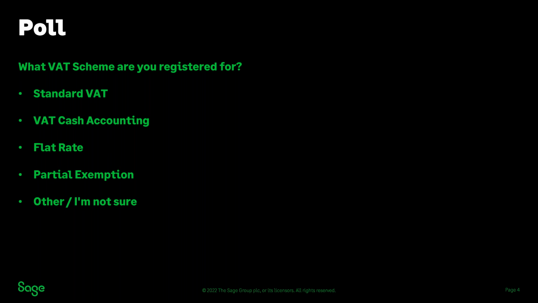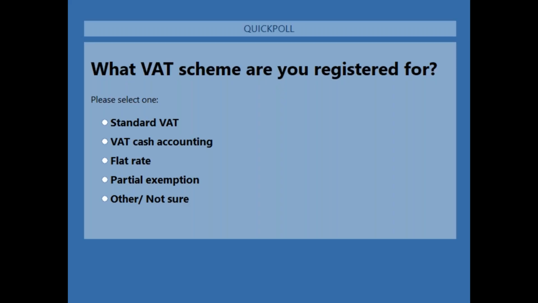So I'm just going to set the poll running shortly to find out which VAT schemes you're all registered for. It should start appearing on your screens shortly. Just while I'm waiting for that to appear, I'll run through the options that you've got available to you, just in case you're not sure. Standard VAT is where VAT is declared at the point of invoice. VAT Cash Accounting is declared at the point of payment.